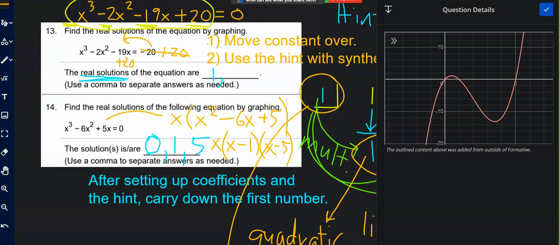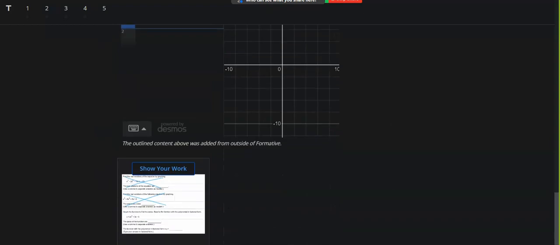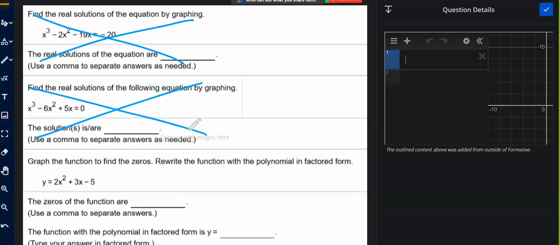All right, let's see what else we can do with the next question. We'll go to the next slide here. Graph the function to find the zeros, okay? Rewrite the function in factored form.